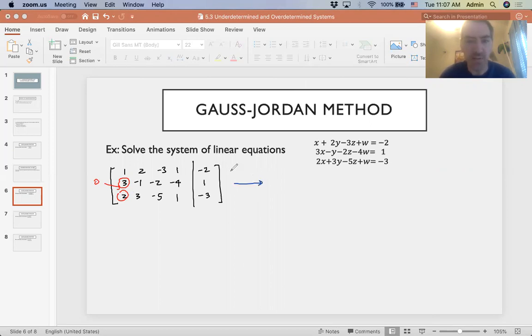Okay, so we have row 3 minus 3 times row 1, and that should have been row 2. Row 3 minus 2 times row 1.